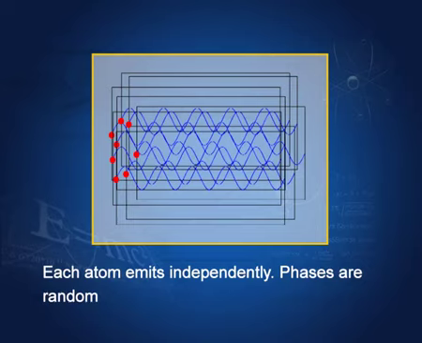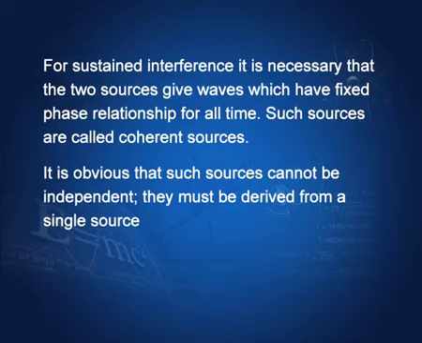They would interfere, but the frequency with which you would see constructive and destructive interference of these waves would be so high that your eye or any other instrument will not be able to see the interference pattern, and therefore, if we have two uncorrelated sources on a screen, you will see just a patch of light, nothing else.